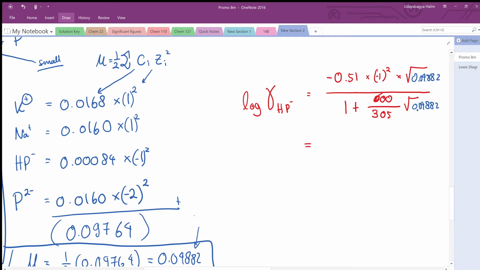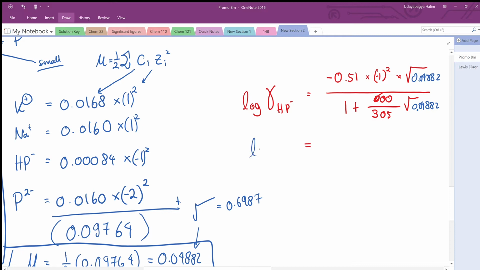Okay, so by the way, the square root of this number is going to give us 0.6987, just for simplicity, times 0.51 divided by 1 plus 600 times 0.6987 divided by 305.